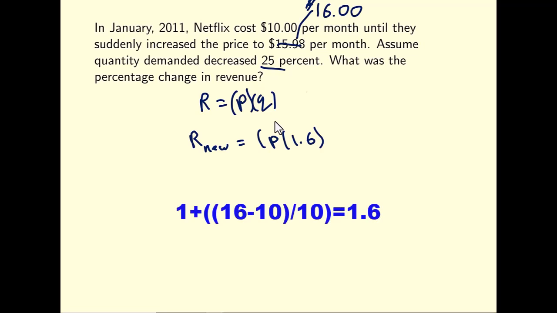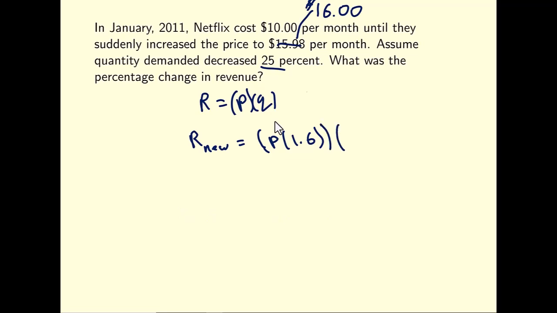That's 1 plus 0.6. 1 is representing the starting value of P, and then adding 0.6 to represent the 60% increase, multiplied by our initial quantity demanded, whatever that is, multiplied by, I'll write it out this time, 1 minus 0.25.